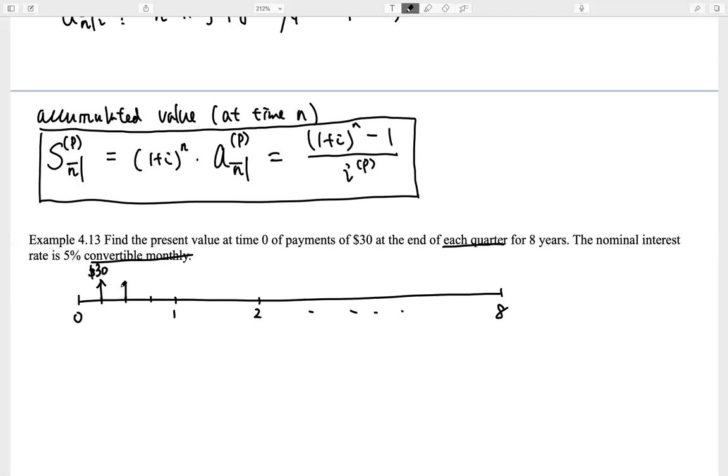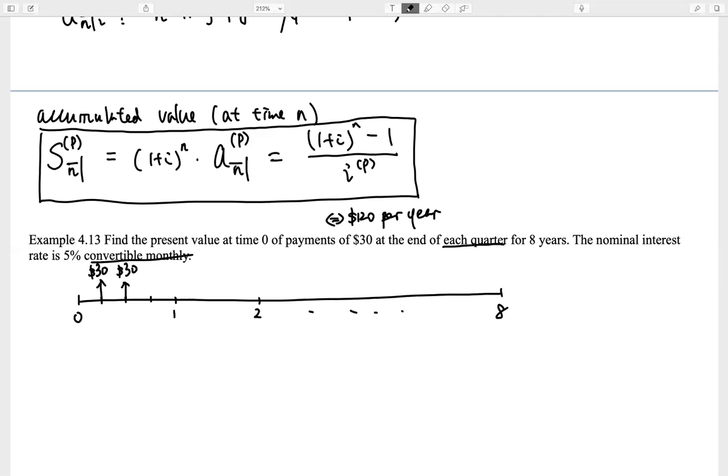So this is equivalent to $120 per year. By the way, we always assume equal installments, so equal payments, at the end of each quarter. So $120 per year means $30 per quarter.